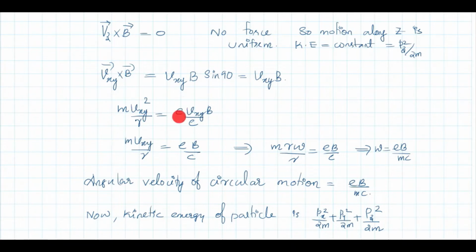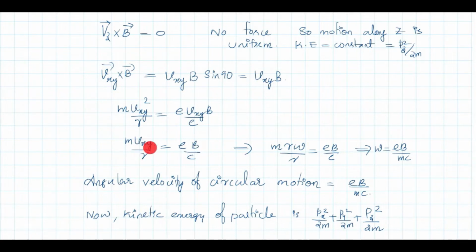And for circular motion, we know that there will be a centripetal force, and that centripetal force is actually provided by this Lorentz force. So we can equate this centripetal force m v square by r with the Lorentz force. One v will cancel, so you will get m v divided by r equal to eB by c.